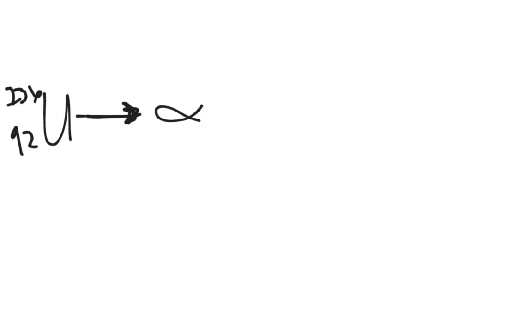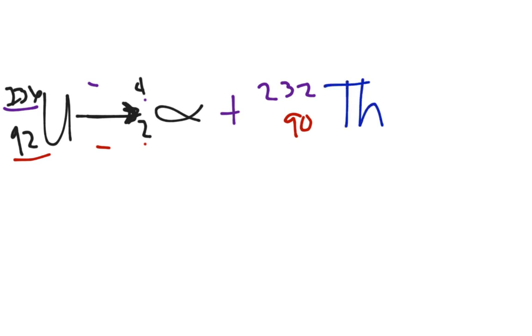When we write these out, we say, okay, I have uranium-236, and it has 92 protons. It is going to undergo, so I draw my arrow, alpha radiation. So I can say 4 and 2. 236 minus 4 is 232. 92 minus 2 is 90, and my new element would be thorium.